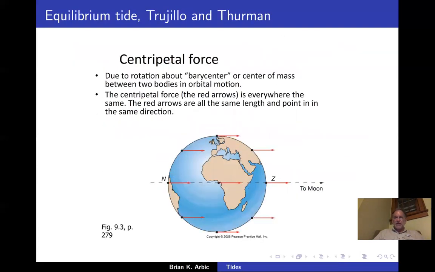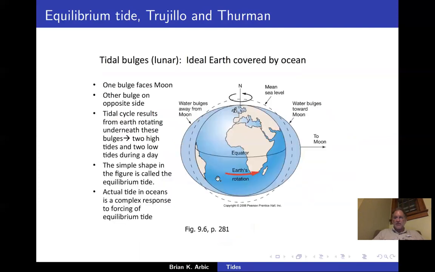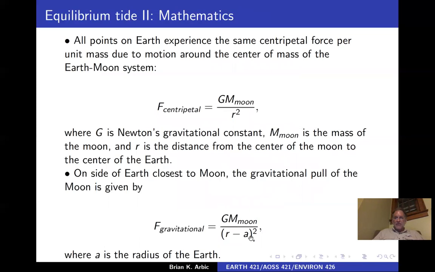You can see that in this drawing here, that see if here to here is r, then here to here can't be quite r because it's this much closer to the moon, and that distance is a, the radius of the Earth. So it's r minus a squared.